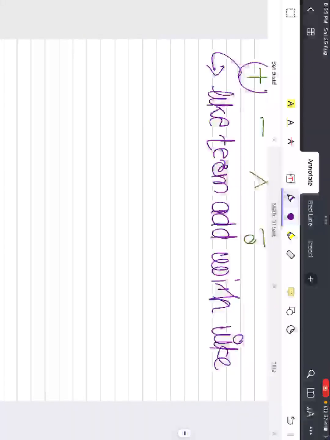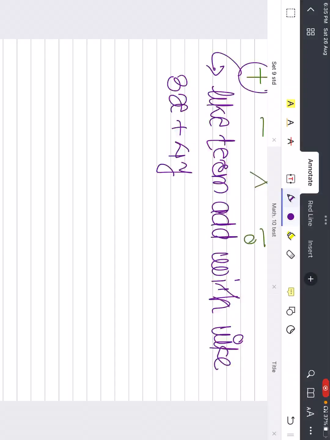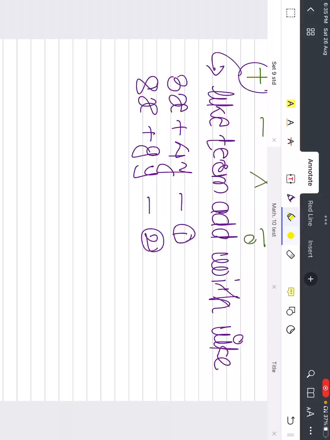First, take a simple example: 3x plus 4y. This is the first expression. The second one: 8x plus 9y. Always keep in mind that like terms will add with like terms. So this is the x variable, this is the x variable, this is the y variable, this is the y variable.